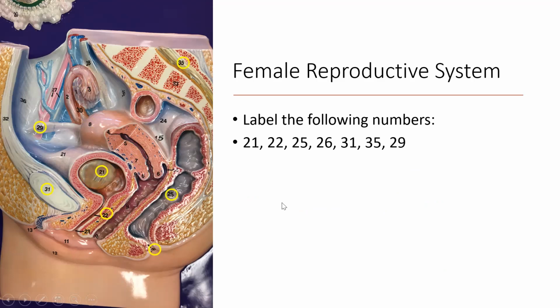Okay, next one. 21. That's a urinary bladder. 22 is pointing at this line right here. That is urethra. 25, rectum. 26.